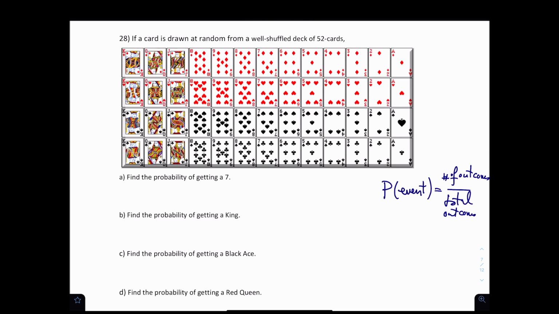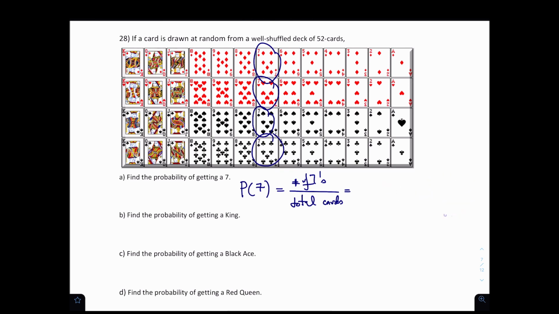So find the probability of getting a 7 is basically the number of 7s in a deck of cards divided by the total number of cards. Well, how many 7s are there? 1, 2, 3, 4. So there are 4 7s divided by 52 cards.